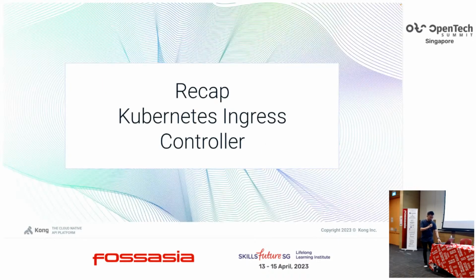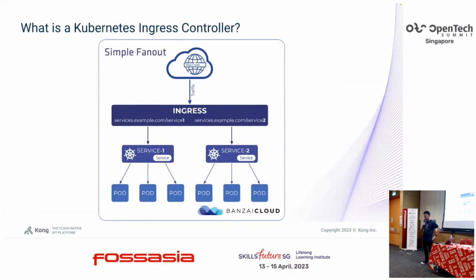All right, a recap of the Kubernetes Ingress controller. What is it? You deploy something on EKS or AKS, you've probably heard of it, or your platform engineer has already provided it for you. The best way to describe Ingress is like a front door, where before I come in I need to go to the booth and register.